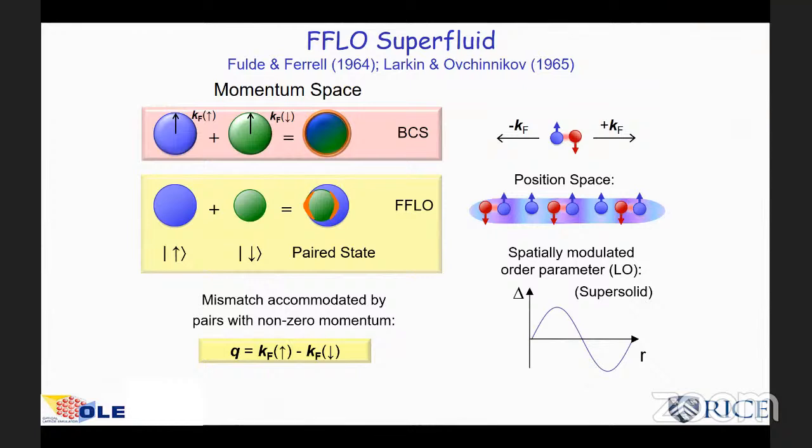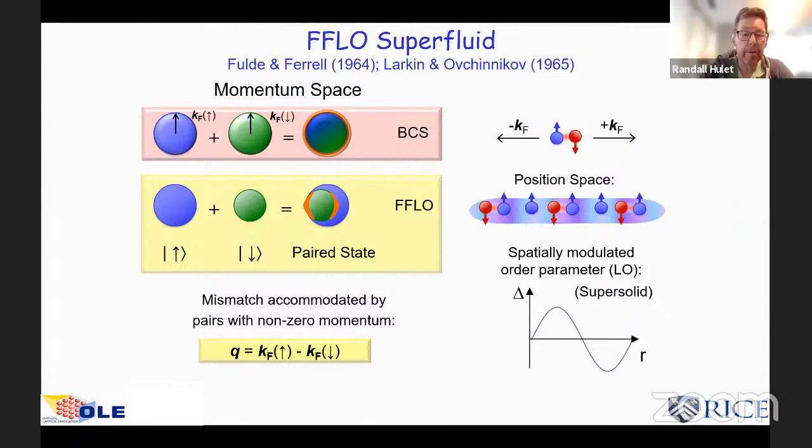I see. So in this picture where the green Fermi surface is displaced, that's just a cartoon. That's not real then? It's a cartoon illustrating that in order to bridge this energy, if I can talk about these in energy space, you can only form pairs within an energy range of delta, the order parameter.